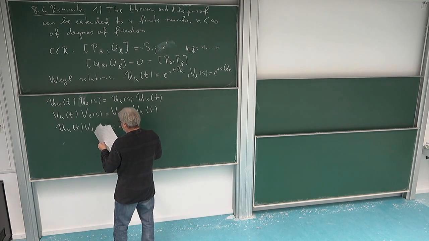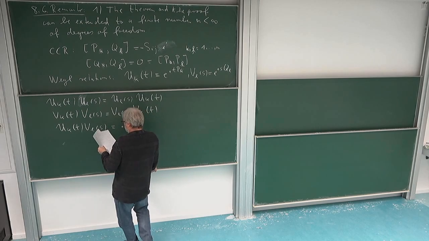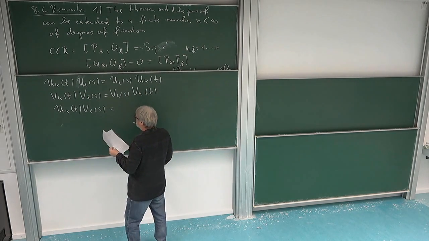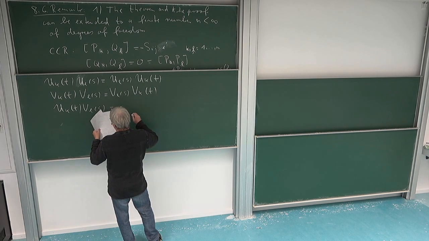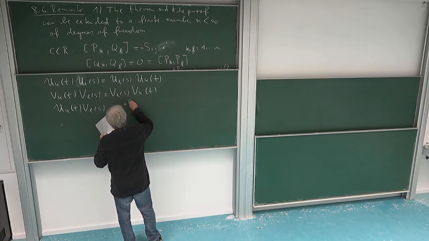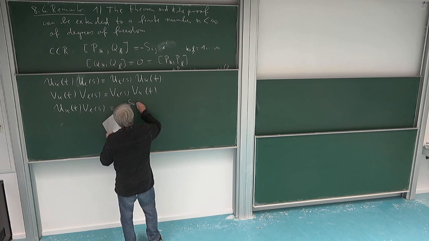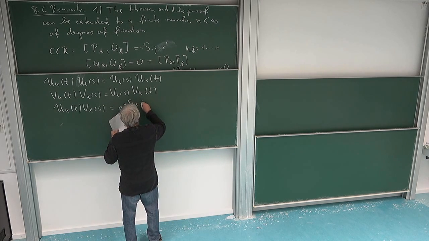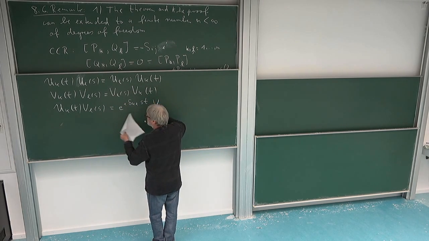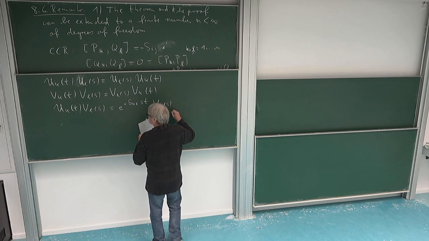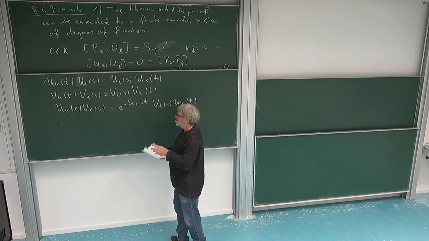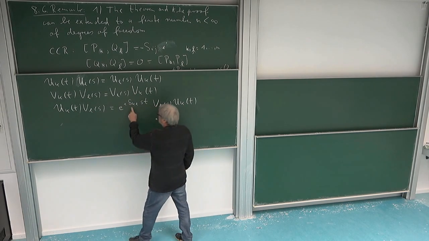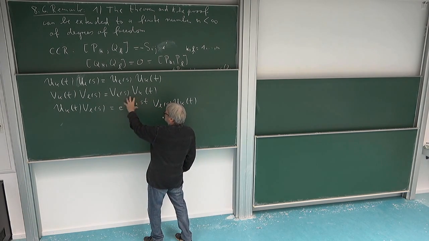So again I get here just a delta factor, and what I get here is actually a phase, so I'm writing it as e to the i delta_kl times s times t, and then I have it the other way around, so V_l of s times U_k of t. So if k is equal to l, I have here 0, and then I have e to the 0, which is 1.